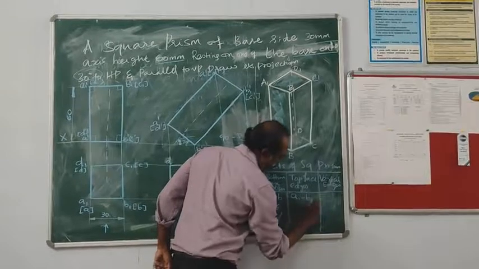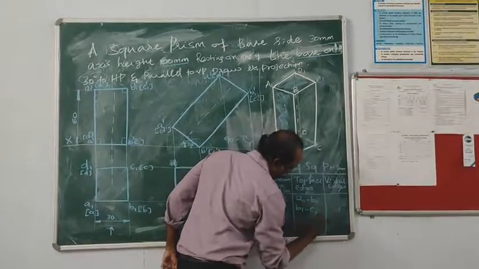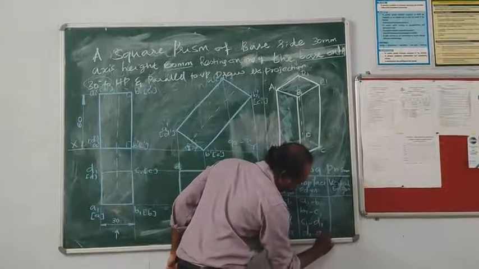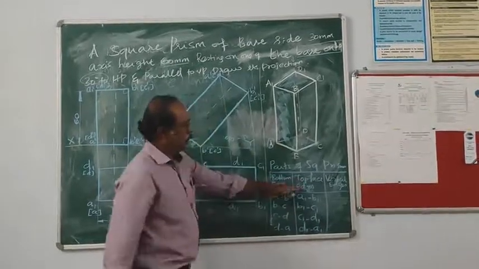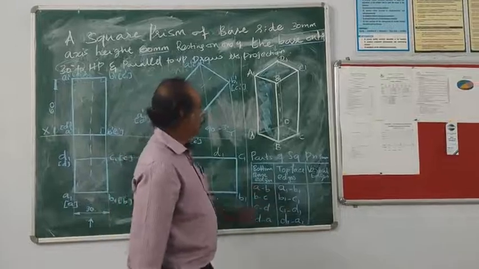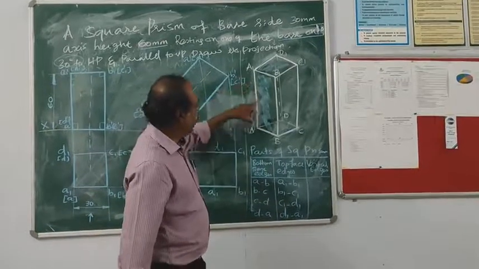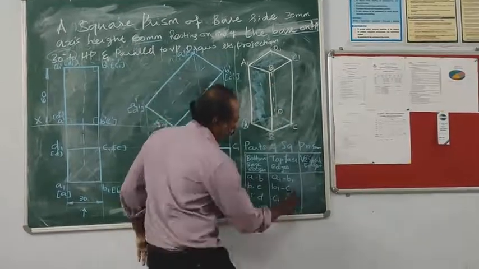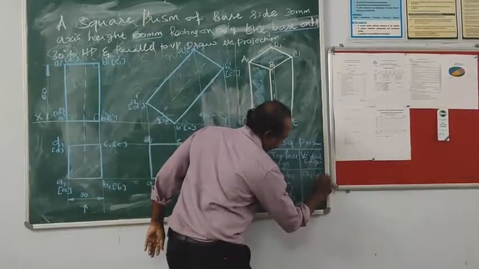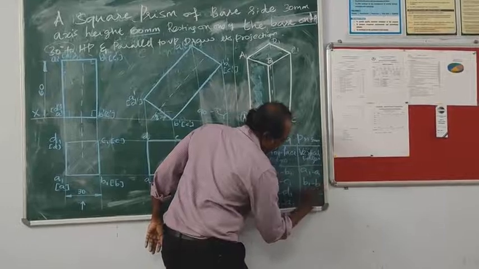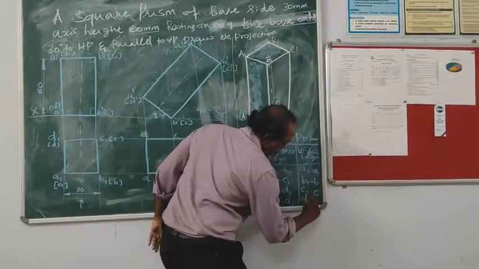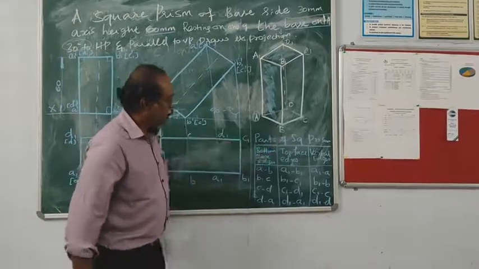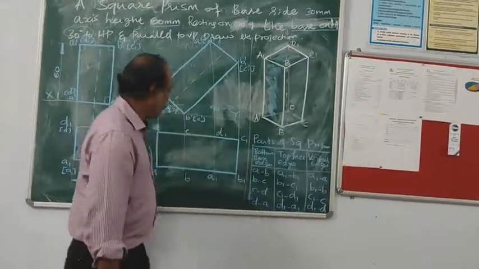These are the top face edges. Vertical edges: A1A, B1B, C1C, D1D. So we write the parts of the square prism.